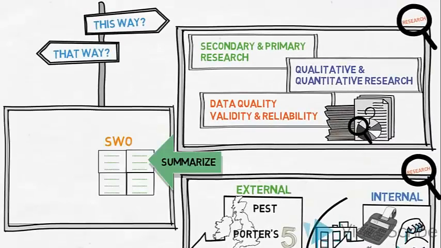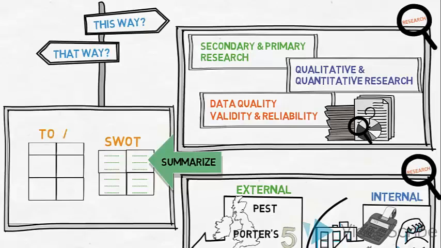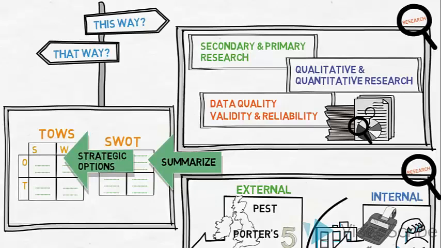And ultimately, they might summarize all their research in a SWOT analysis. This might be followed by a TOWS model in order to identify several strategic options to choose between. This will enable them to make informed strategic decisions about which direction to take.